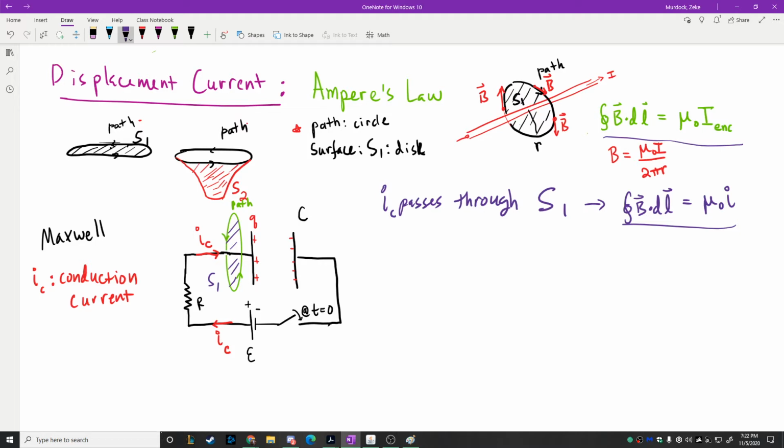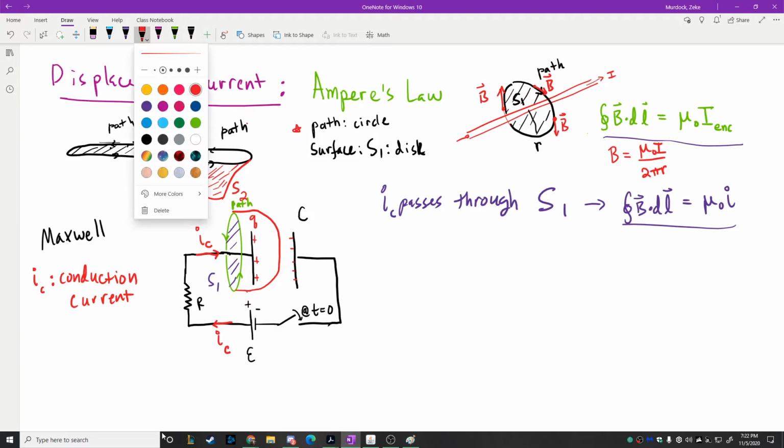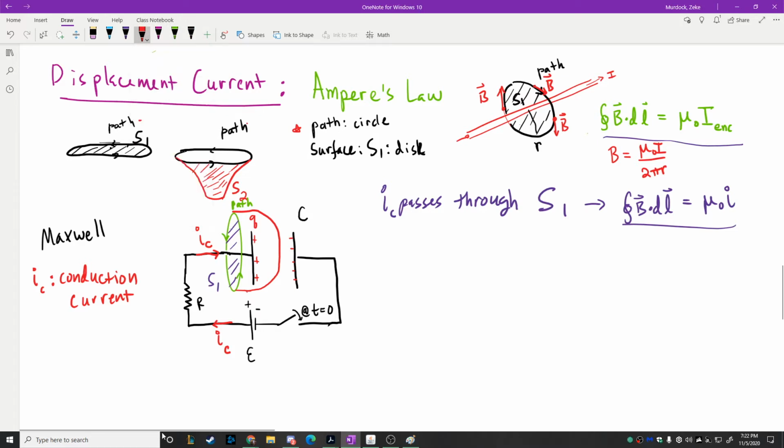But what if we choose this secondary surface here? What if instead we take the same path, but we make like a little hoop, and we go like this. And now we have a surface. So now our surface is this thing, like a net.